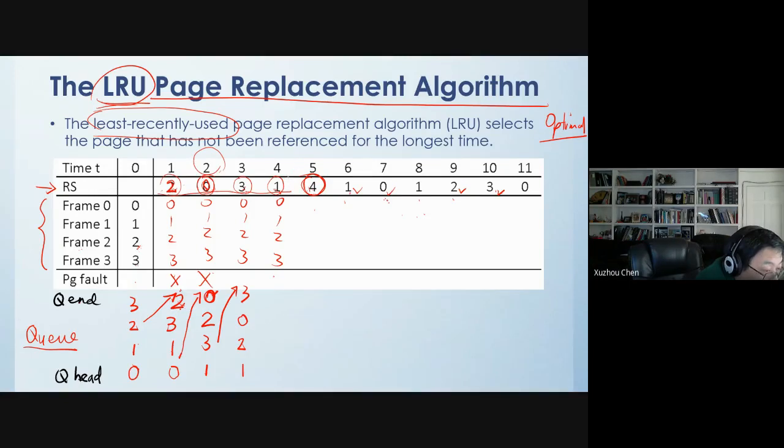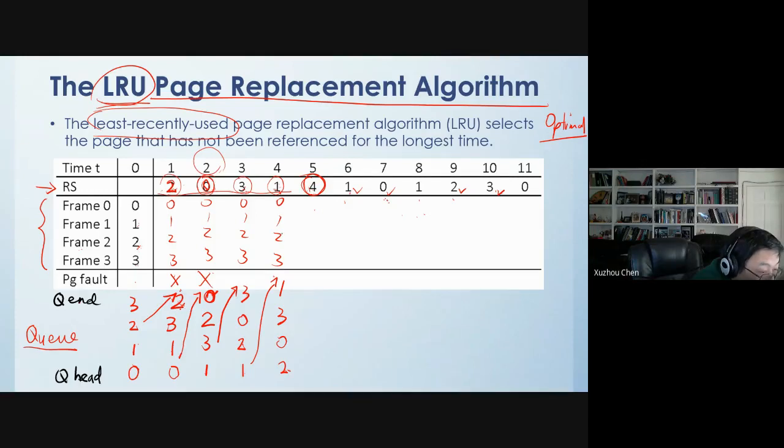So then 1 is referenced, which is here already in the frame. So page 1 is referenced. So I put page 1 at the tail and push 2 forward, push 0 forward, push 3 forward. Okay. So now 2 is actually pushed to the head.